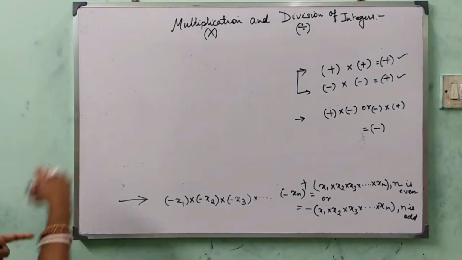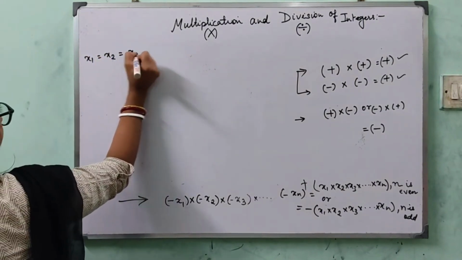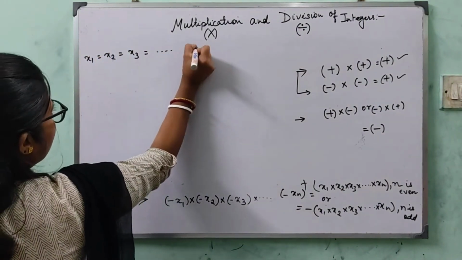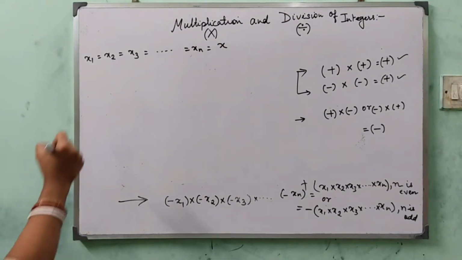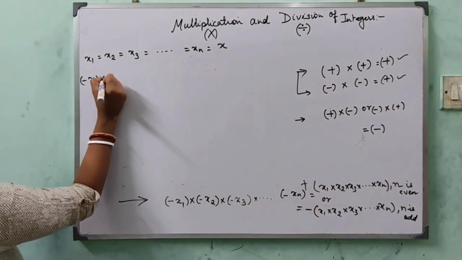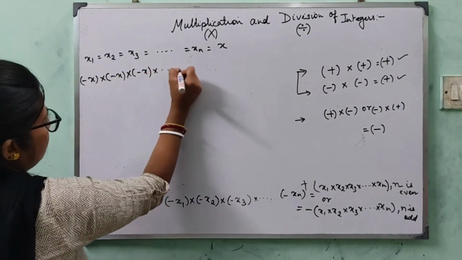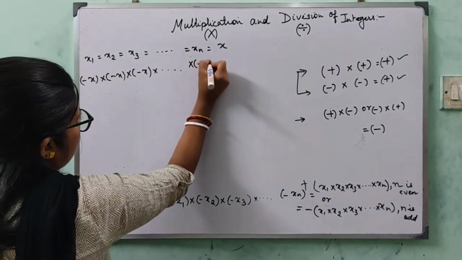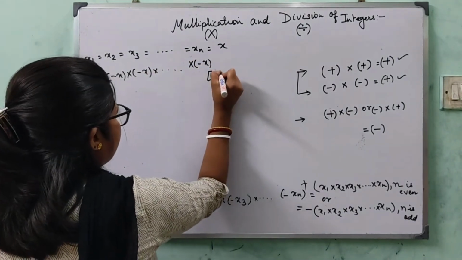Now in case x1 is equal to x2 is equal to x3, meaning all these are in general equal to x. They are the same. That means minus x into minus x into minus x into minus x, say n times we have this.